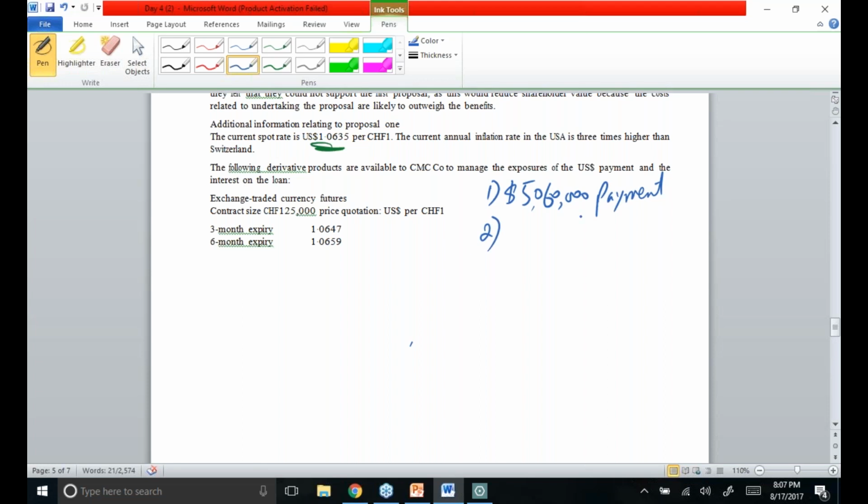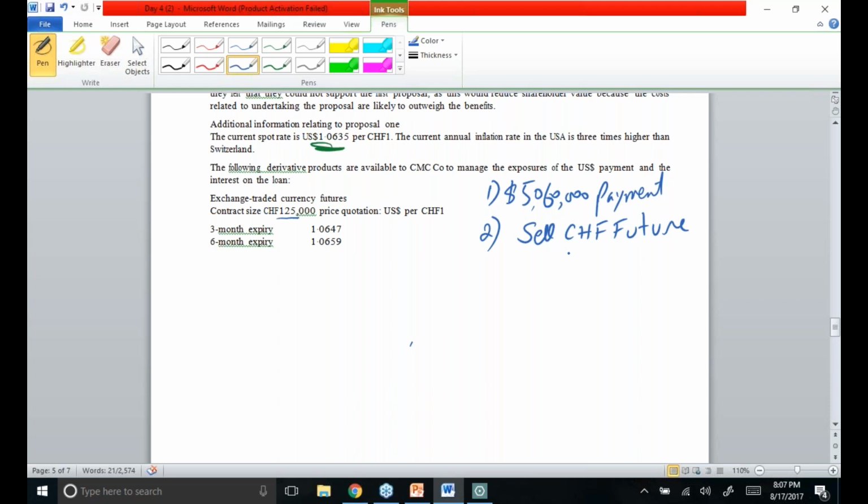As it is a payment in dollars, that means you have to buy the dollars. But the contract is in CHF, Swiss francs. When you have to buy the dollars, you can't book a dollar contract. So that means you are going to sell CHF future.